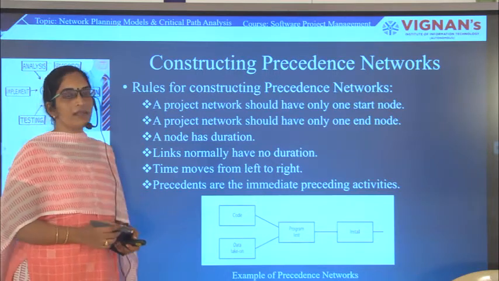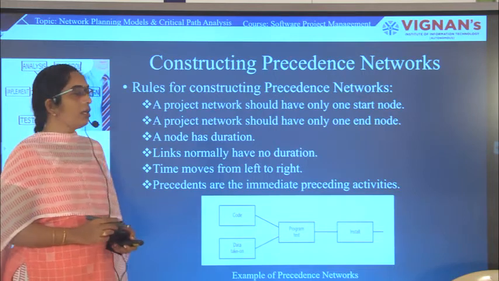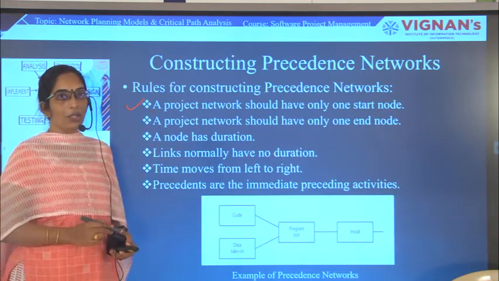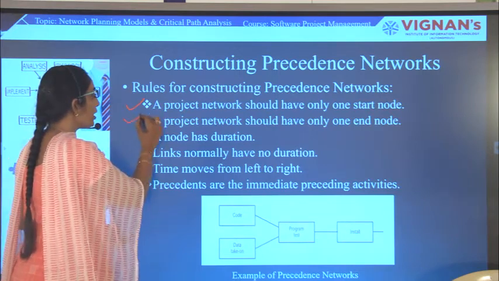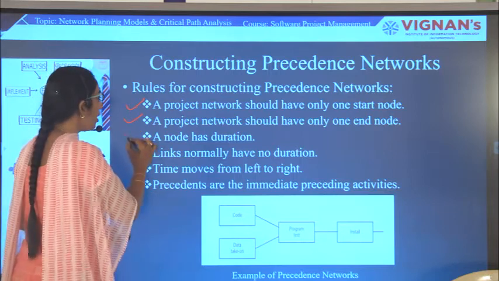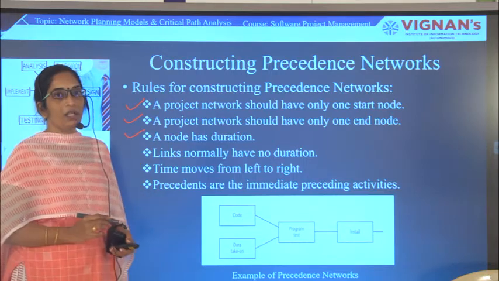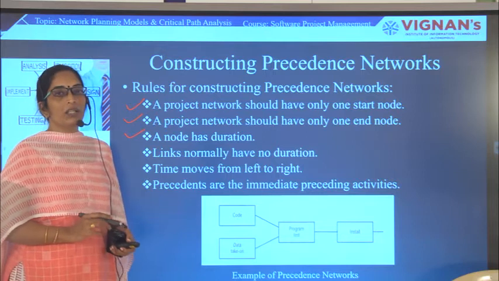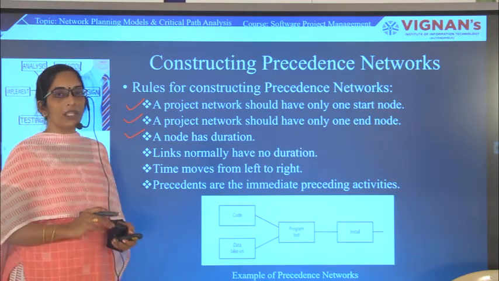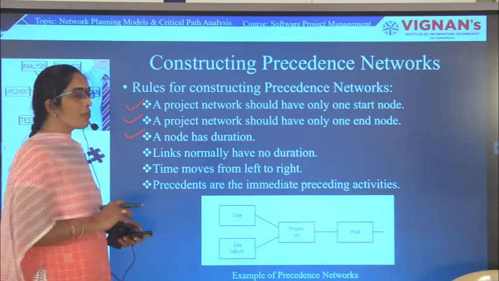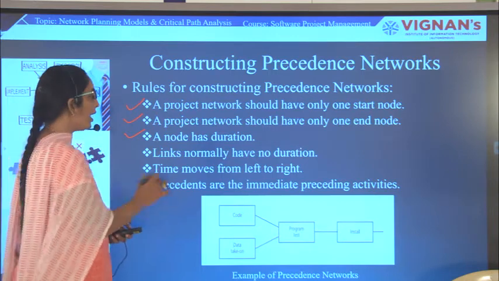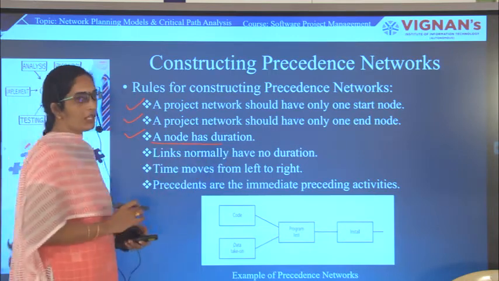The rules are: a project network should have only one start node, and only one end node, and a node has a duration. Precedence networks are activity on node, so the node has to perform its activity in a specific duration. That's why a node should have a duration.